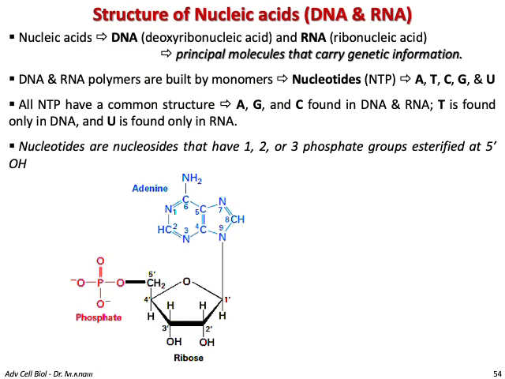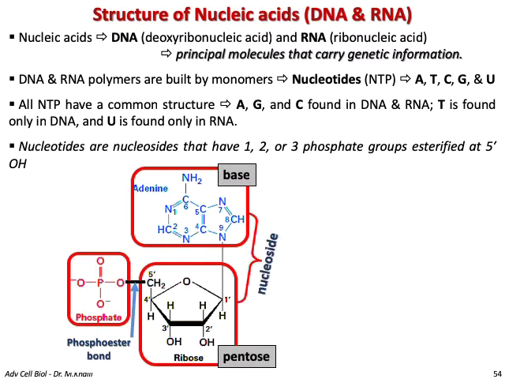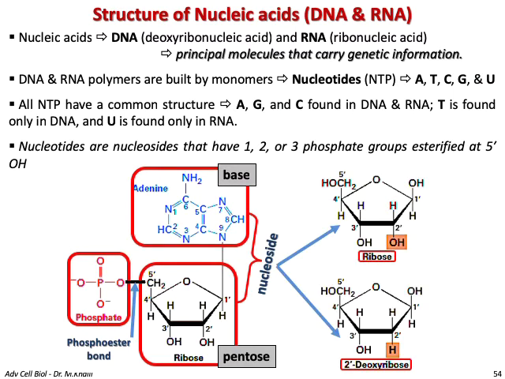If you go closer into the structure of nucleic acid, of course you know that it consists of nucleotides A, T, C, G, and U in the RNA. Nucleotides consist of a base, a pentose sugar, and a phosphate group, bound to the pentose sugar by a phosphoester bond. The pentose and the base form the nucleoside.